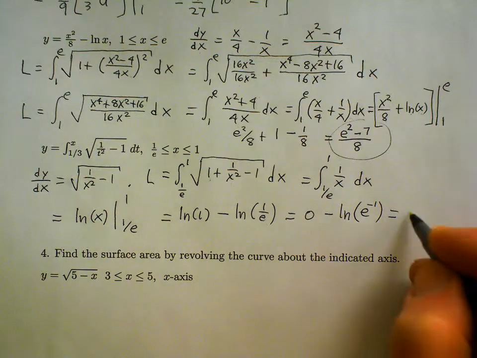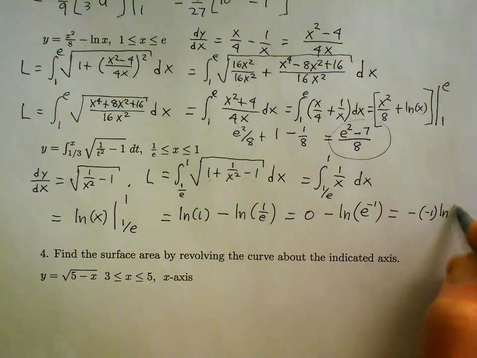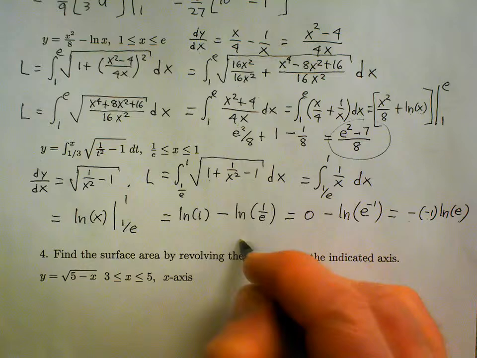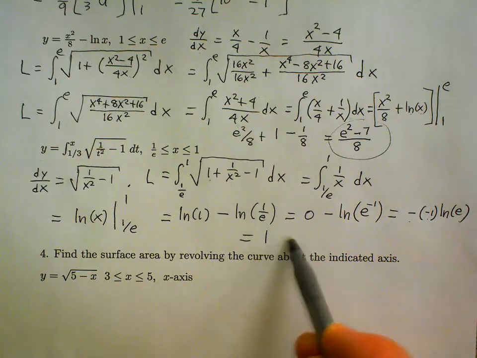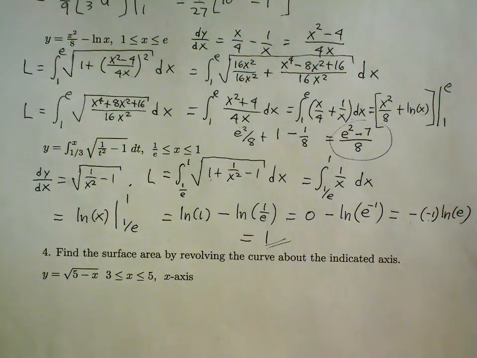So we're subtracting negative 1 times the natural log of e. But the natural log of e is 1. So the negative of negative 1 is 1. So that's the arc length, 1 unit.